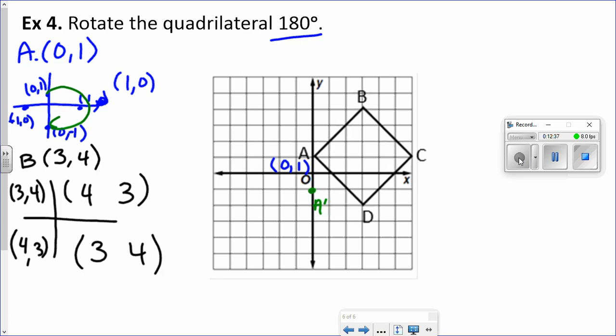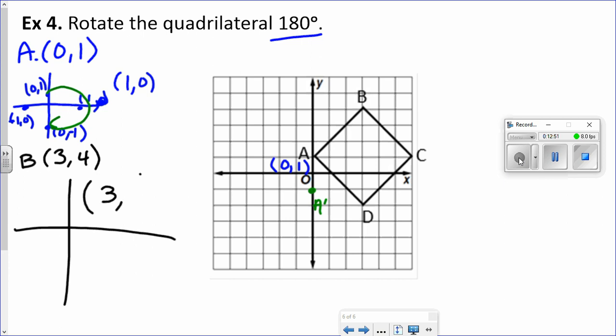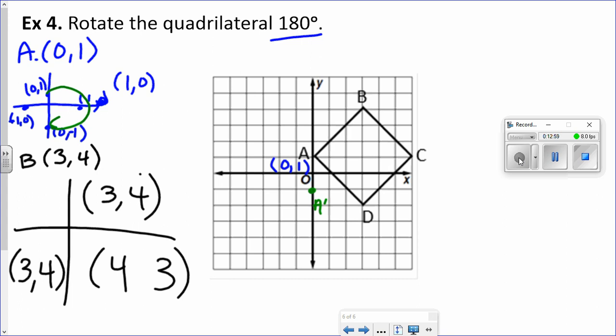So now we worry about our signs. All right, let's do this one again, because we didn't start in quadrant 1. Let's just get it started here in quadrant 1. And then we flip. We flip again. And then we flip again.